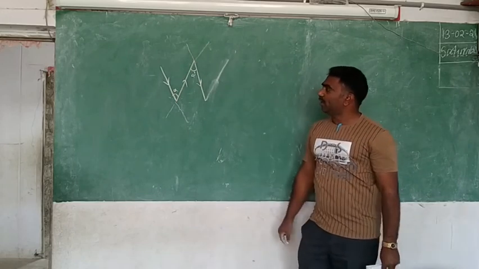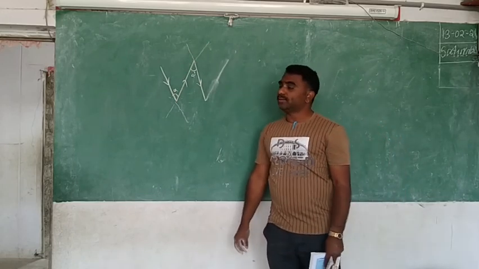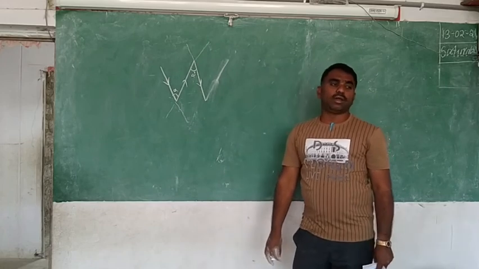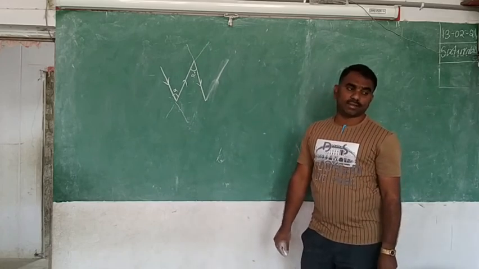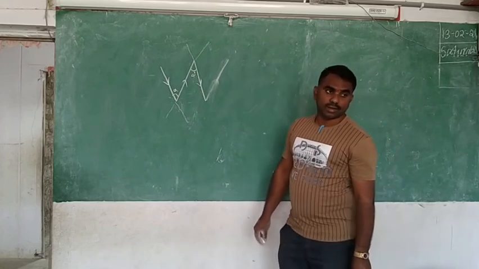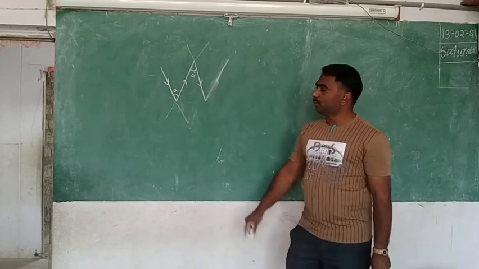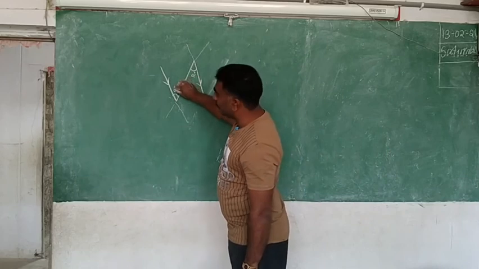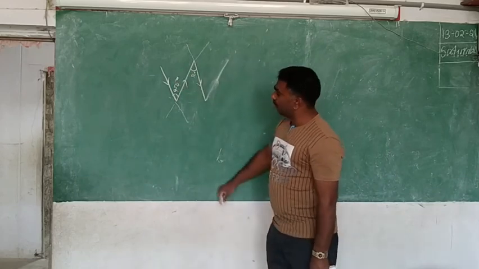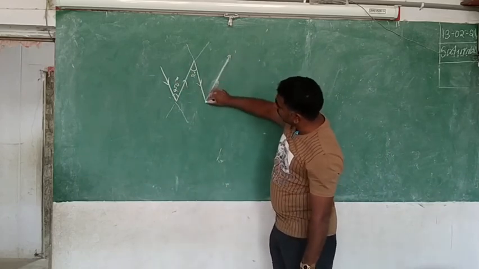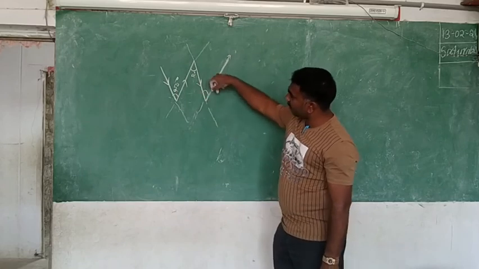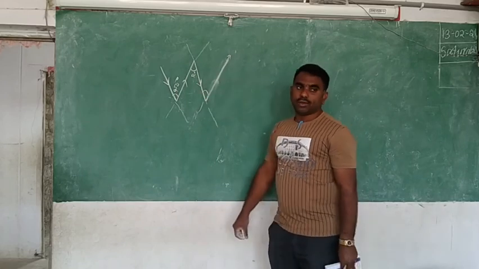In that, how are they? Interior, same side or opposite side? Interior opposite side angles are called alternate. When lines are parallel, alternate angles are equal. So if it is 50, this is also 50, same like this, 50. Like that you can find it, no?